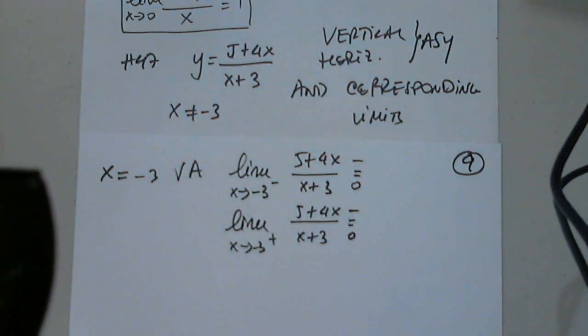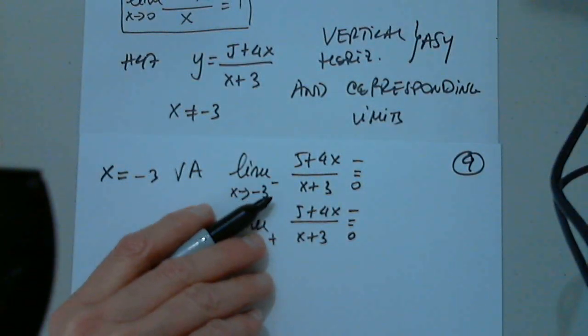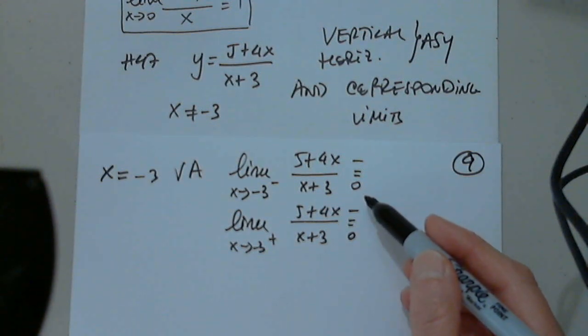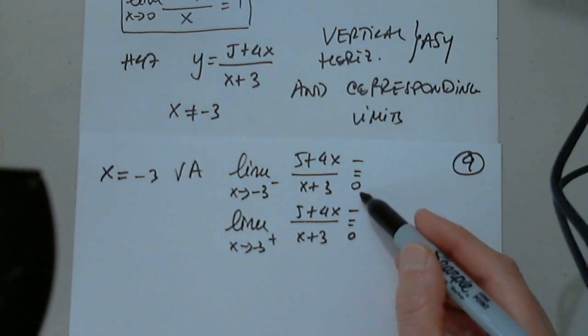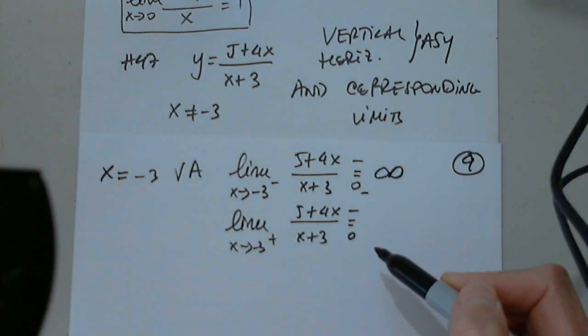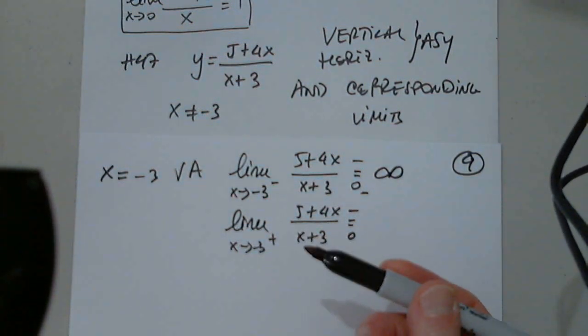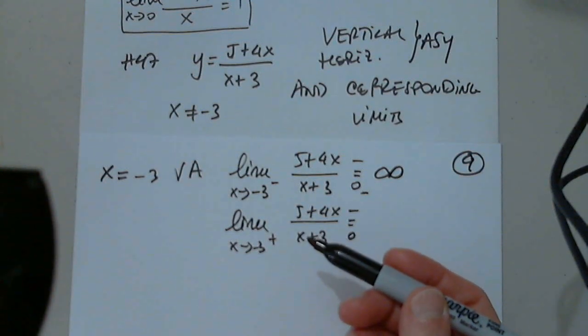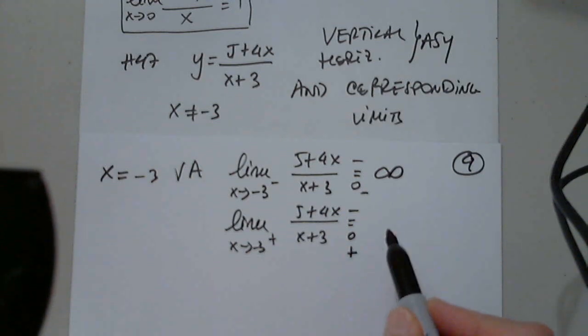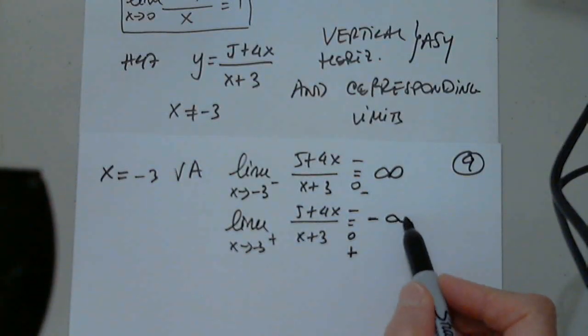So both tops are negative. -3 from the left, what is the sign? Negative. Yes. So then this has to be positive infinity. -3 from the right, which means -2.9. Positive. Yes. So then this must be negative infinity.